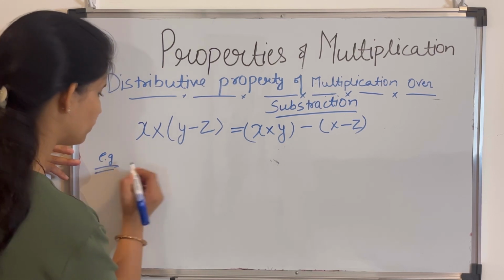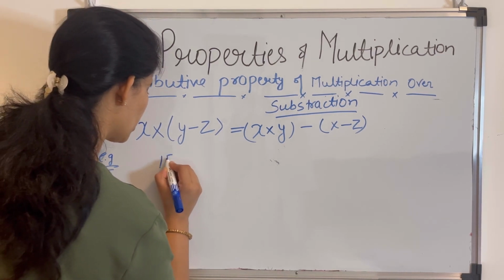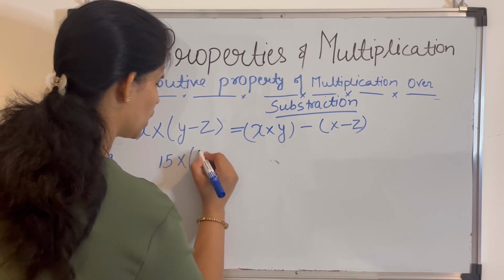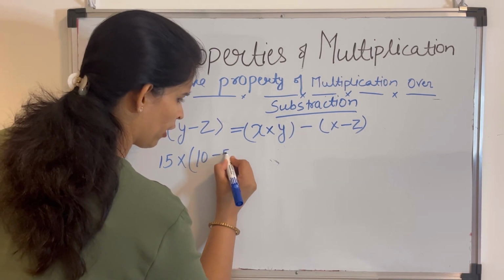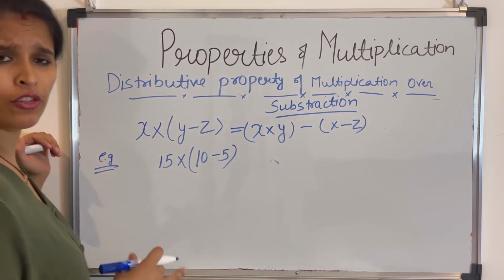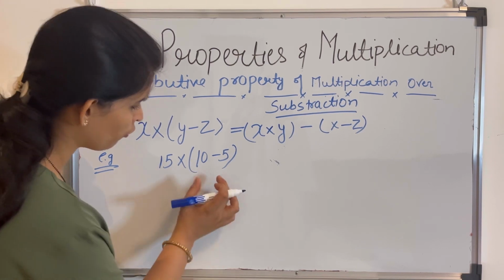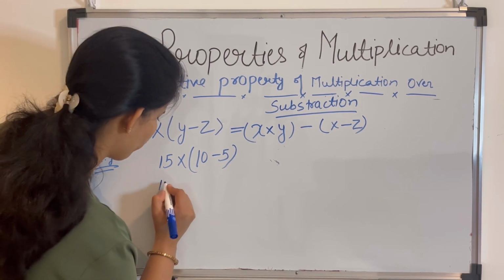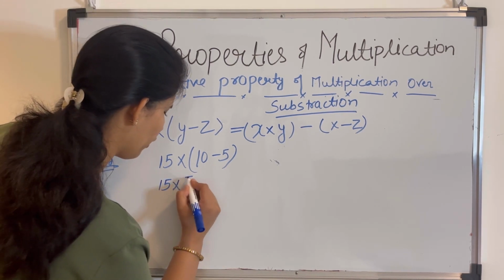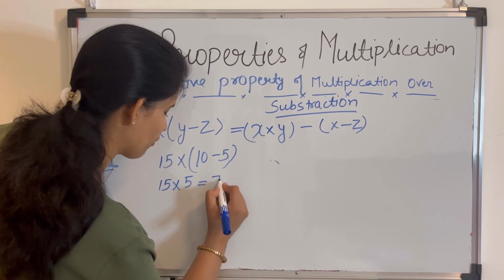If I have 15 multiplied by 10 minus 5, and I solve it the normal way, first we solve our bracket. So 15 multiplied by 5, which means 75.